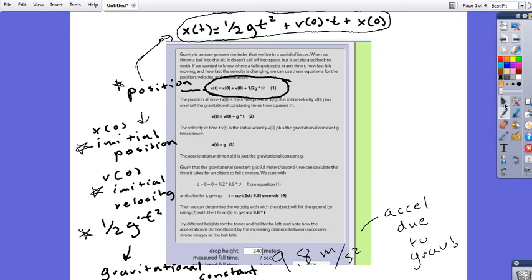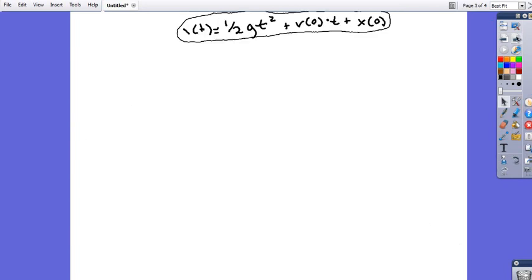I'm going to copy and paste. Okay, bear with me just a second longer. Okay. Alright. This is the position function.